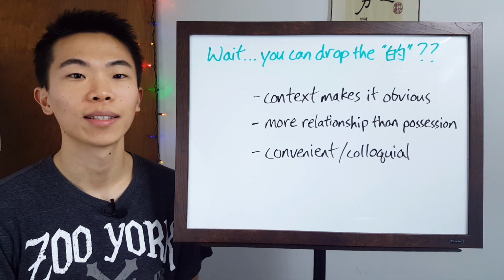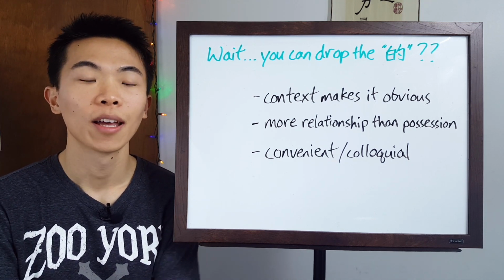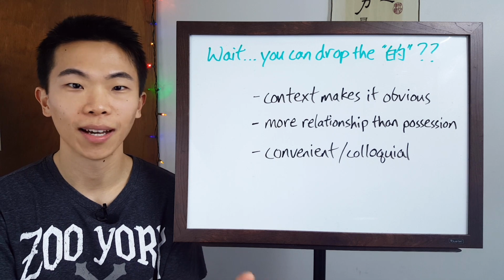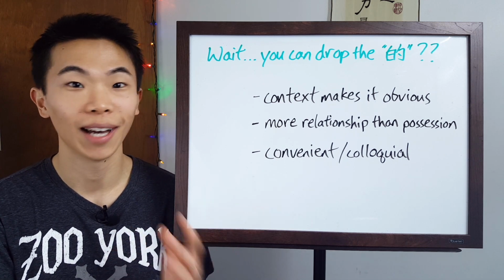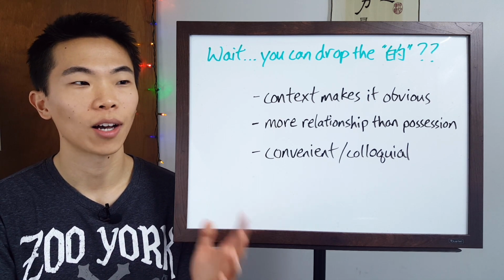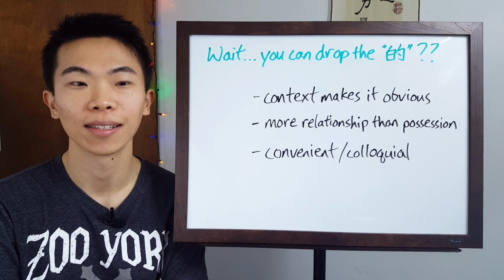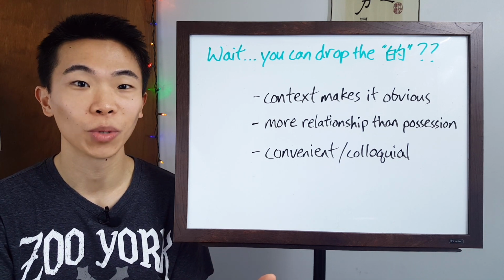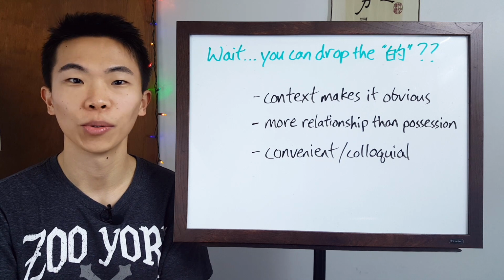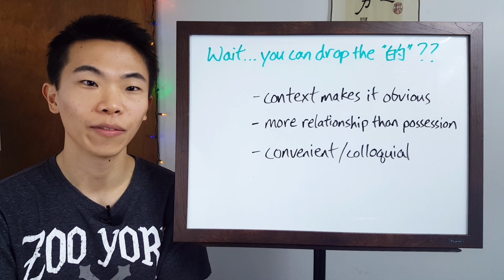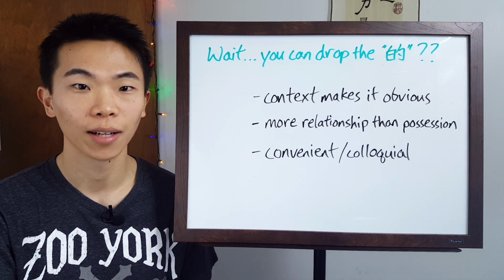Now, none of these are hard set rules, and unfortunately, the easiest way to learn when to drop the 的 and when not to is to listen to a lot of native speakers talk, because oftentimes you'll have a lot of similar cases, and in one instance it'll sound weird if you drop the 的, but in the other instance it will sound perfectly normal and even weird if you don't drop the 的.